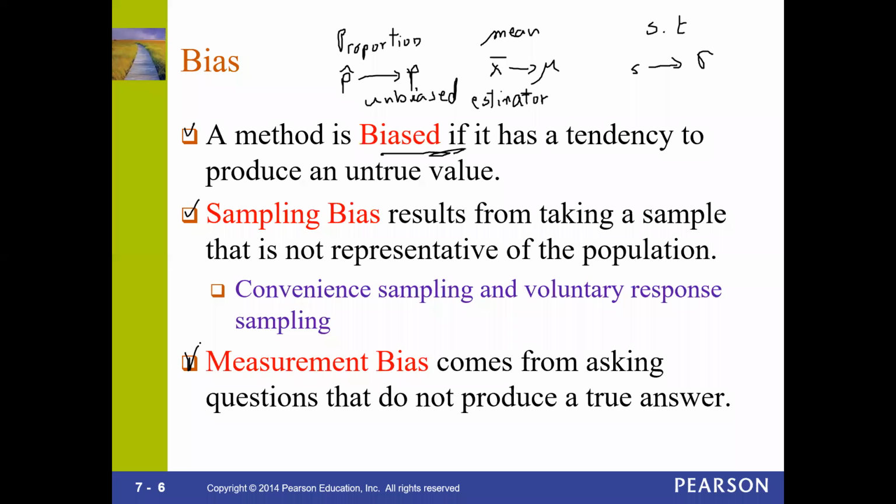Okay. For example, suppose I don't like Republicans, and then I ask people in my neighborhood whether they like Republicans or not. Instead of asking people on the street, I only ask my family members, who already know that I don't like Republicans. So of course, my result will tend to go toward what I want.